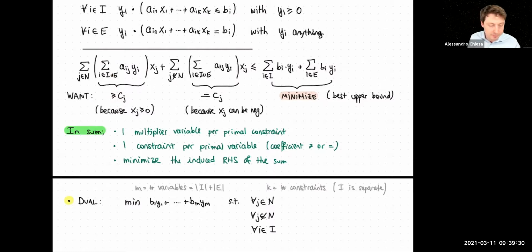So let's write it. We're going to write a1j y1 plus all the way up to amj ym should be at least Cj. Then for j not in the non-negative set, the same expression, but with an equal sign.